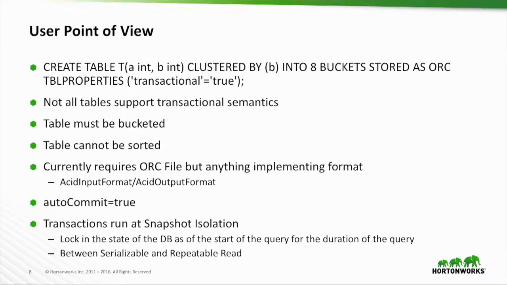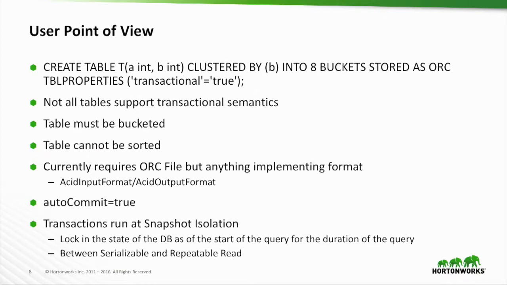So from the end user point of view, the first thing that you see is the simplest DDL statement to create a table capable of these operations. Now, the first thing to note is this transactional=true property. That implies that not all tables are capable of these operations, so you explicitly have to opt in to the feature. The other thing to note is that the table has to be bucketed, which is important.